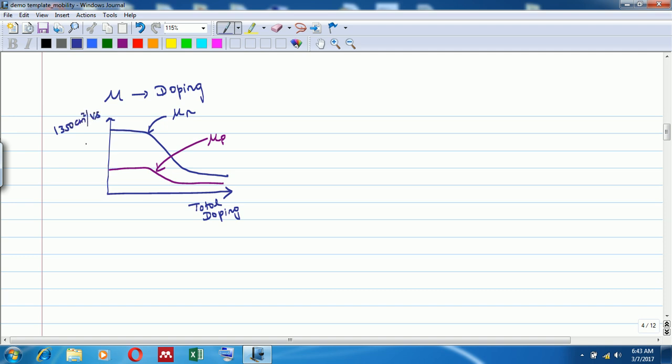This is the highest mobility for electrons in silicon. And for holes, it will start around 450 centimeter squared per volt second. It is good to remember these values, good to know the range of mobilities, because it might help you in solving problems or in designing some CMOS circuits.